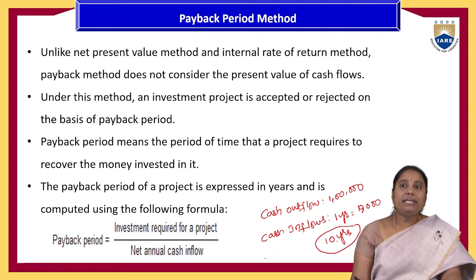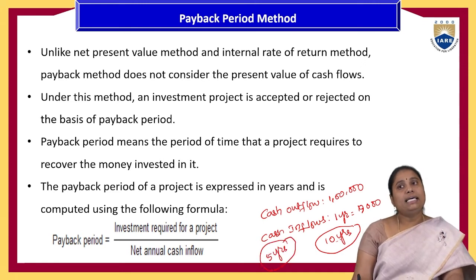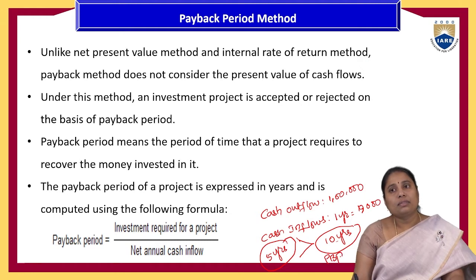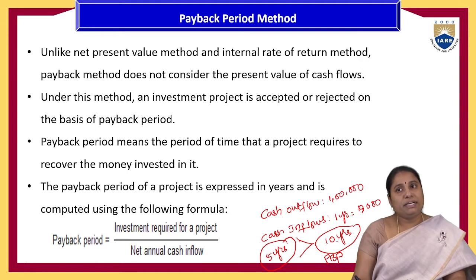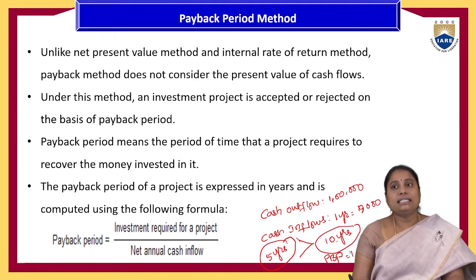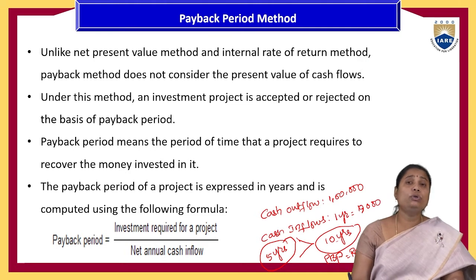If his desired period is 5 years and the calculated payback period is 10 years, then the payback period is greater than the desired one, so we can reject that project, because they want to get back the investment within 5 years. That is the desire, but the payback period for this particular investment is 10 years, so we reject.